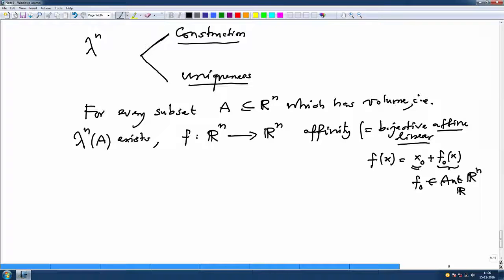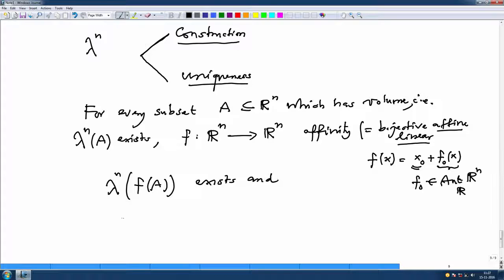This is also a group. Because the origin is not fixed, you can always work with a more coordinate-free approach. Then the question is whether lambda n of F(A), the image of A under F, exists, and if it exists, how does one compute it. These always exist.